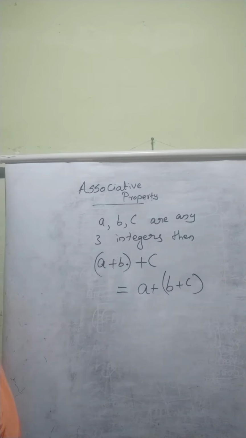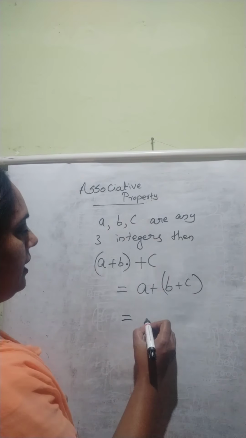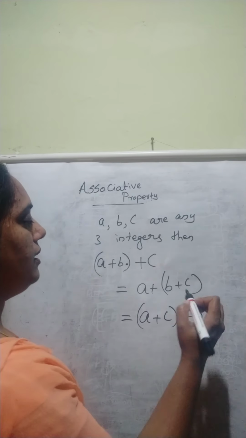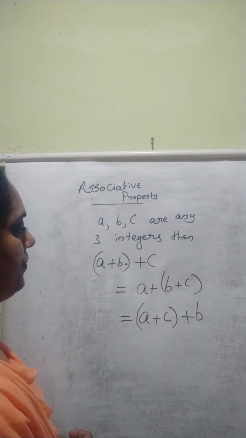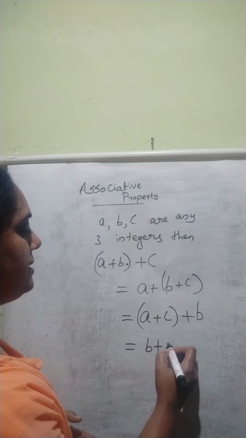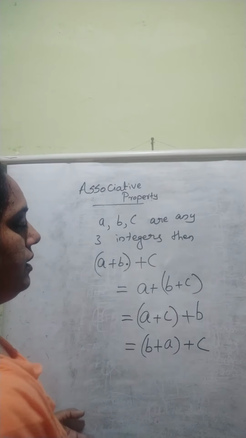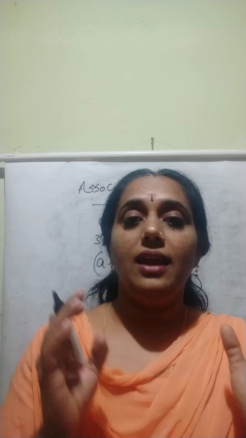Just change the bracket. This will be equal to A plus C plus B, anyway we can add. Then we can write it as B plus A plus C. In any way we can add. We can give the bracket in any way. So that is the associative property.